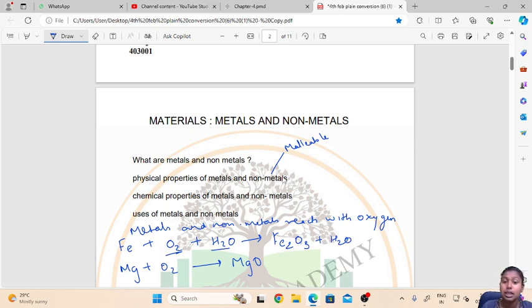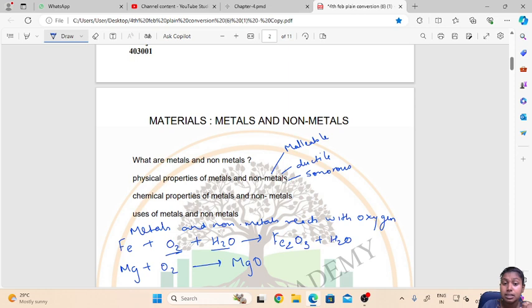Next, they are ductile, which means they can be drawn into wires. So only metals are malleable and ductile. Sonorous means they produce loud sounds. These are the properties of metals. Whereas non-metals are not malleable, not ductile, and do not produce any sound.